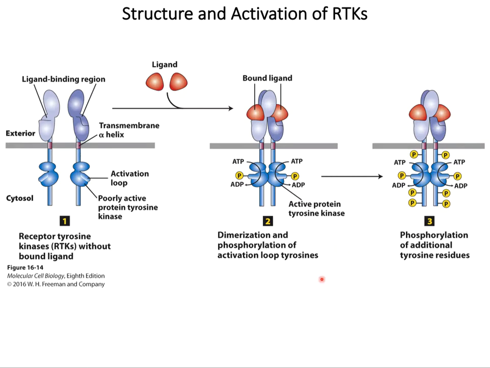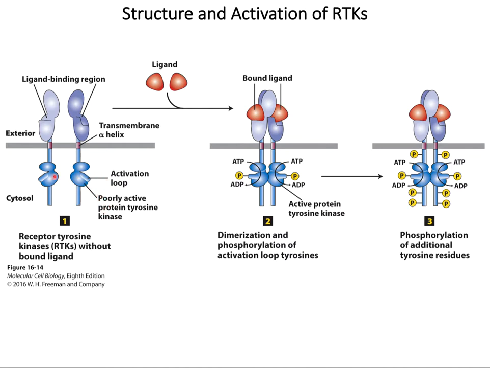Okay, so here is a figure that illustrates the structure and activation of these receptor tyrosine kinases. So all these receptor tyrosine kinases have a very similar structure. They have a large extracellular domain that can bind to a ligand, and they have a transmembrane alpha helix, and they have a cytosolic domain, and it is in the cytosolic domain that you have the tyrosine kinase catalytic domain.